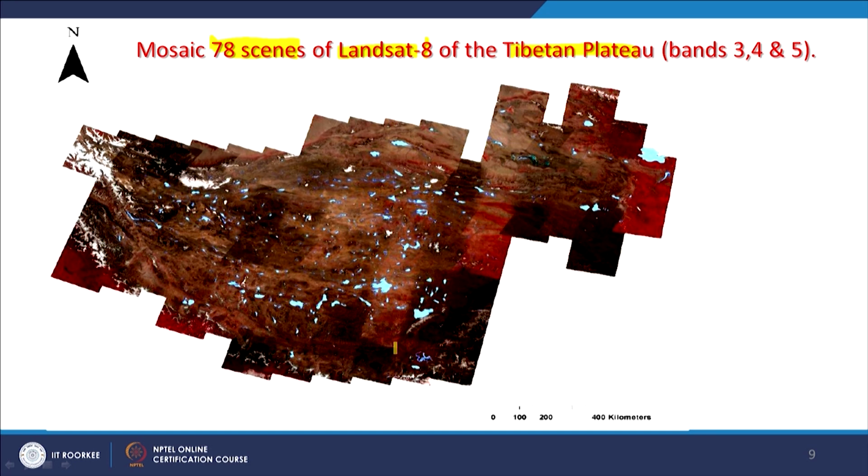Nonetheless, at some places, because of the time difference between different images, the seams are visible. Otherwise, it is quite a good product. So, whether it is 2 scenes, 10 scenes, 30 scenes, or in this example 78 scenes, the best possible seamless mosaic can be created.